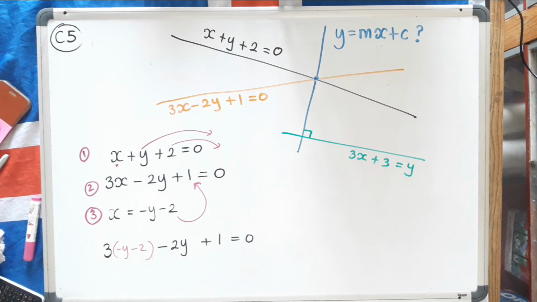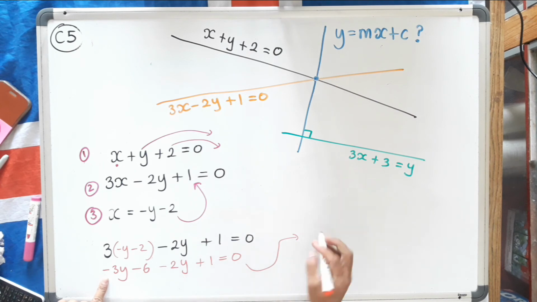Alright, let's multiply the brackets and solve for y. Minus 3y minus 6, multiply both of them by 3. This is this minus 2y plus 1 equal to 0. Running out of space. Minus 3y minus 2y is minus 5y.